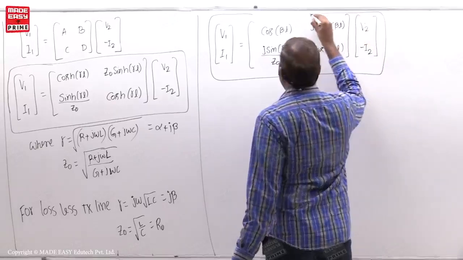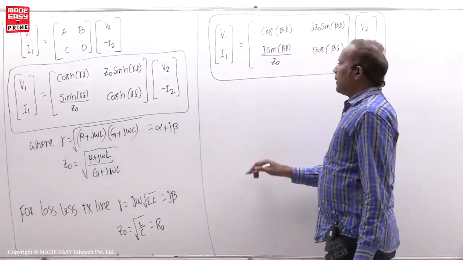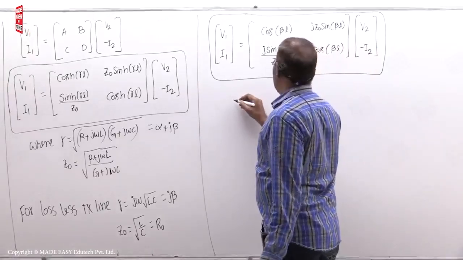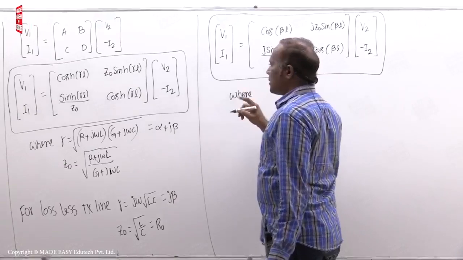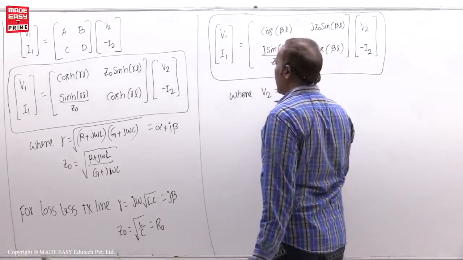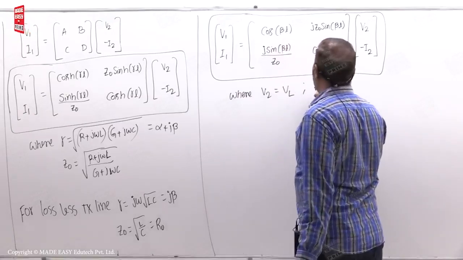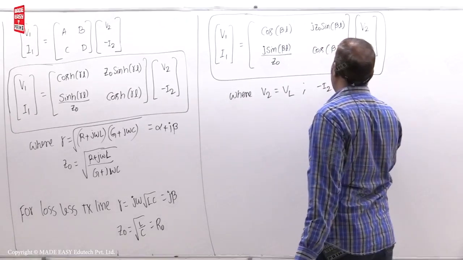This is for steady state. And in the transmission line, V2 is equal to VL, that means load voltage, and minus I2 is equal to IL.